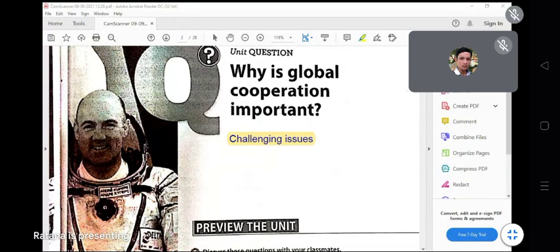So you cannot deal with it in only one country. You have to work together. About drugs too. So you can see a lot of challenging issues that need global cooperation. That's why global cooperation is very important.